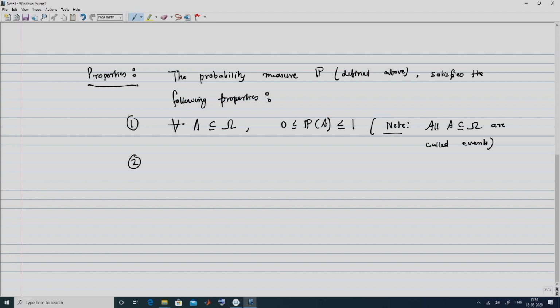The second property is that the probability of omega is given to be equal to 1.